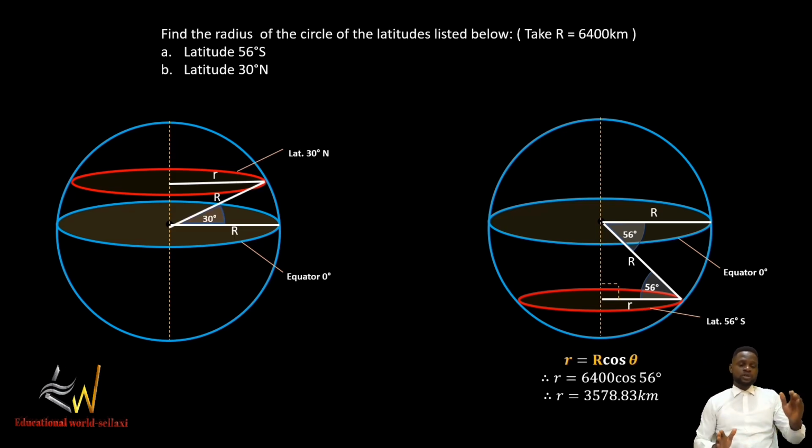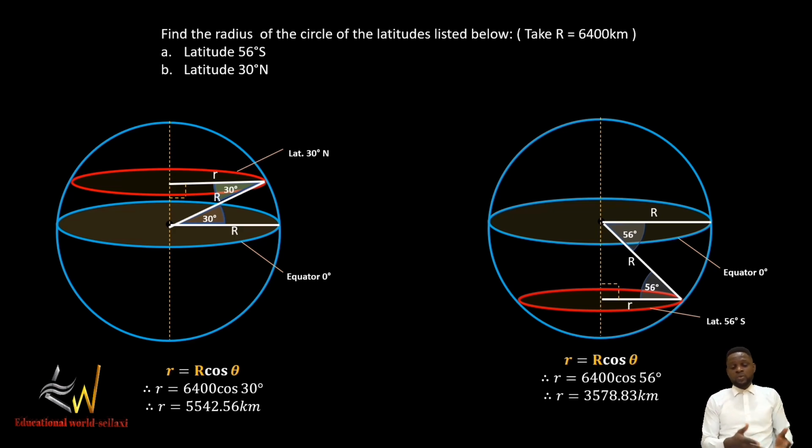The small r is the radius of that latitude 30 degrees north, while the big R is the radius of the earth. Considering the right angle triangle formed there, by trigonometry we have the same relationship that small r is equal to big R cos theta, and putting the values where necessary, we find that the radius of that latitude is simply 5,542.56 kilometers. Just as simple as that. There's no big deal about this.